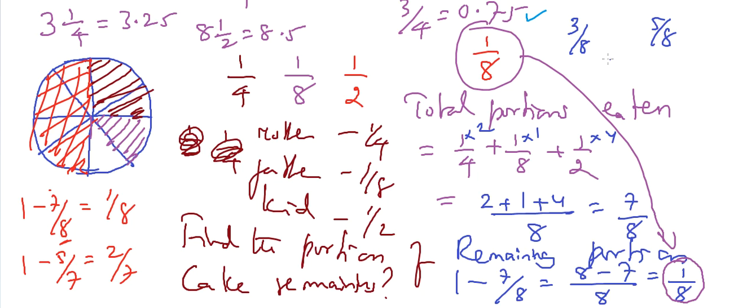So 1 minus 7 by 12 will be 12 minus 7, 5, so 5 by 12. So it's easy to subtract any proper fraction from 1.